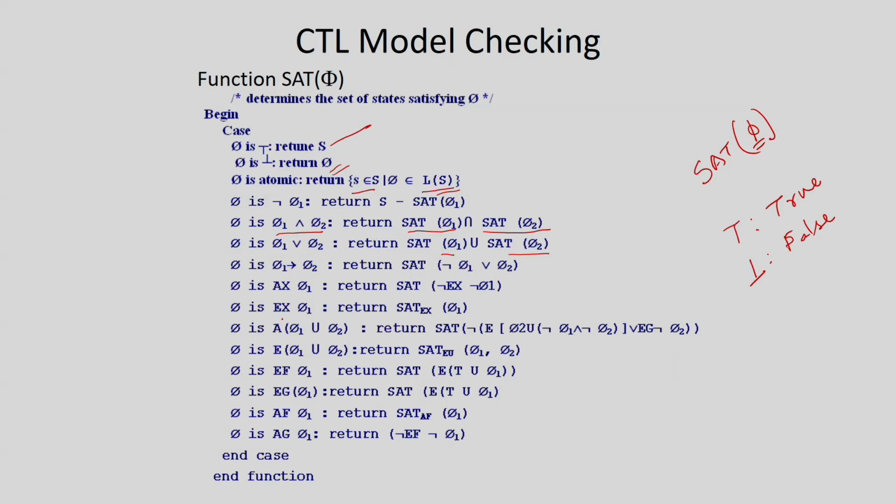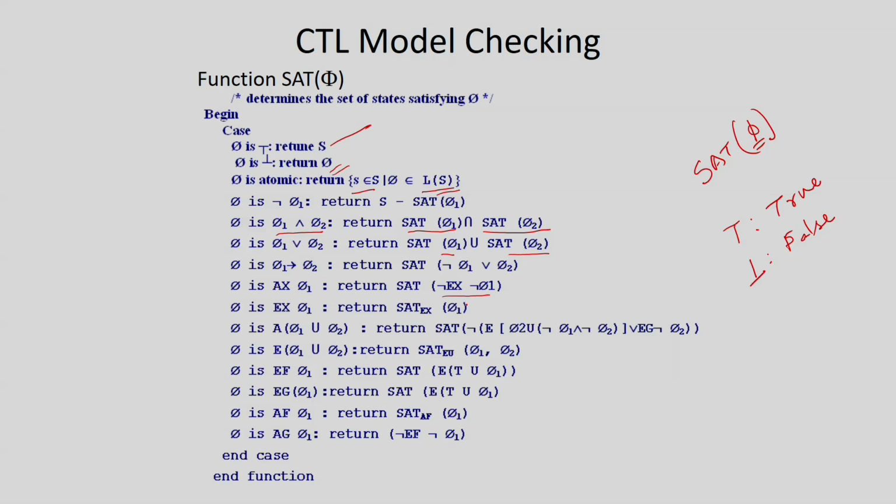AX phi 1 can be expressed as not of EX not of phi 1. So, in that particular case, we first have to rewrite this expression with its equivalent expression. Now, we have to find the truth values. We are going to look for the set of states where this particular formula is true.